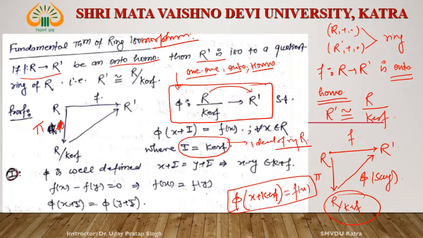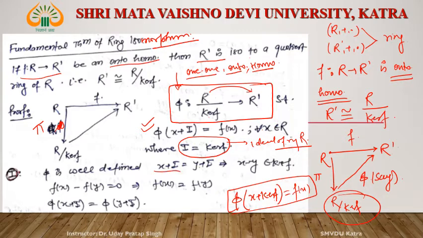So this phi is defined as phi of x plus kernel of f. What is I? I is kernel of f. Phi of x plus I is f(x) for all x belonging to R. First we will show that this phi is a well-defined map. If any two elements are equal, then their images are equal.